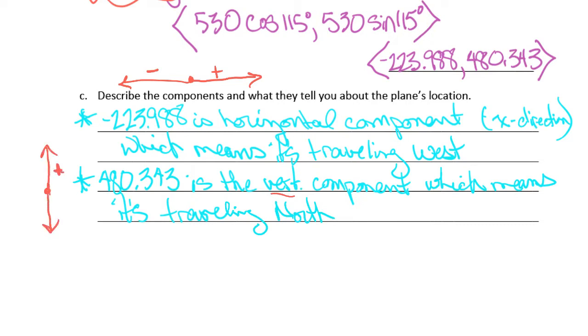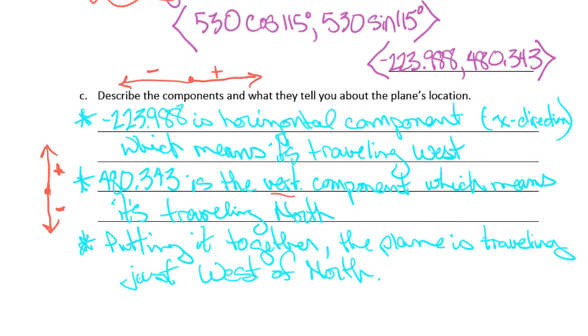This is positive, this is negative. So if my vertical component was negative, it would mean that it was traveling south. Okay, let's put it all together. Putting them together, that means that the plane is going to travel just west of north.